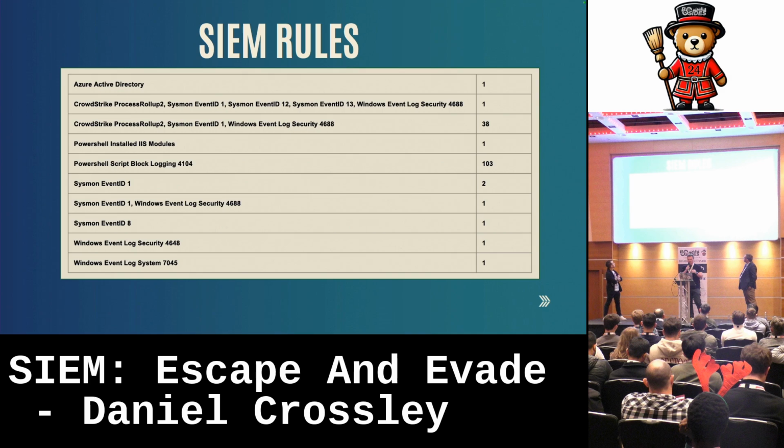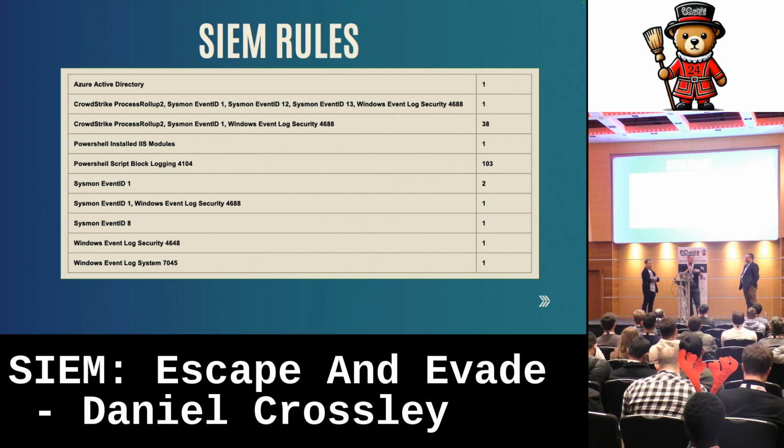Now, this is a fantastic log if you have it enabled on your endpoints. That's great, you get really good visibility. But again, in our experience, most customers don't actually enable this because of the cost involved in logging it, and obviously, it's going to take a lot of data for them. So that's 102, or was it 103, rules in total already gone if you don't do script block logging. The second part you might notice there is they're relying on CrowdStrike as well. So as I mentioned, the EDR becomes a really important part to get visibility into things like PowerShell on the SIEM side.